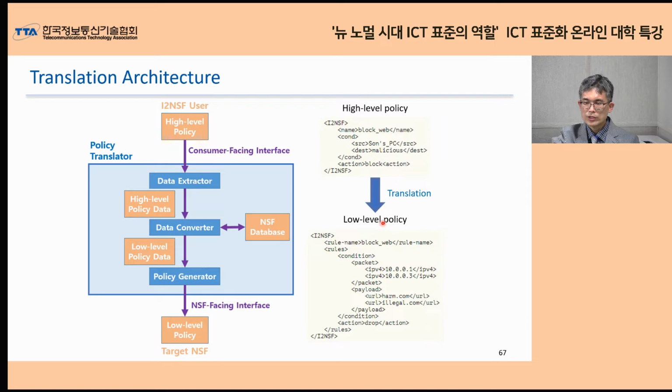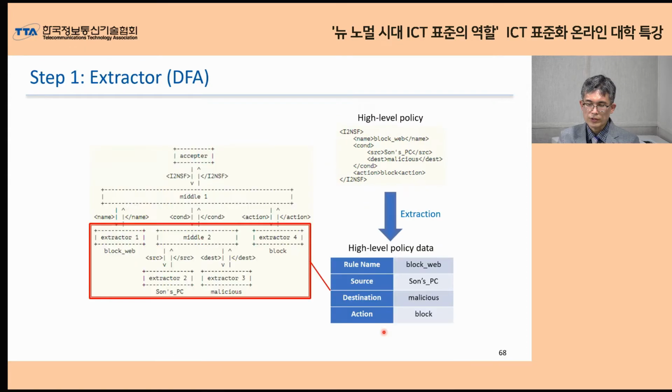In the low-level policy, my son's PC is translated into the specific IP addresses of my son's personal computer, laptop or smartphone, and the malicious website is translated into specific URLs, harm.com and illegal.com, and packets will be dropped by the SDN switches or firewall, the network security function.